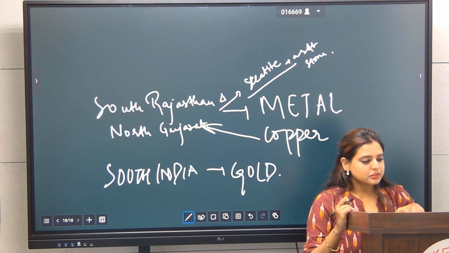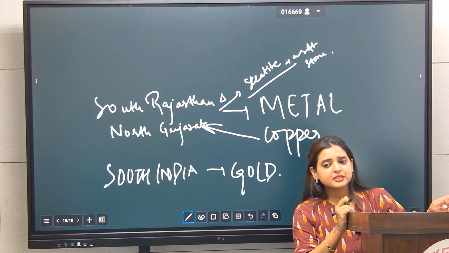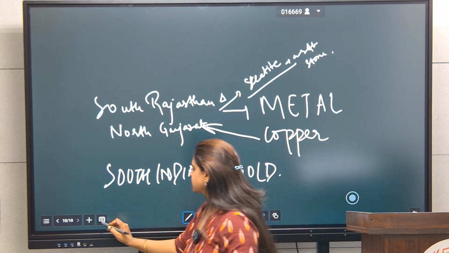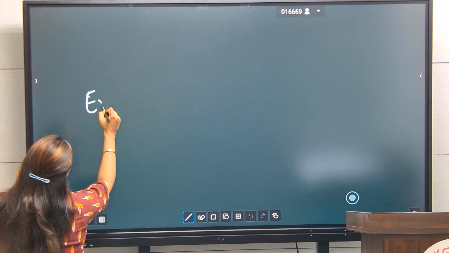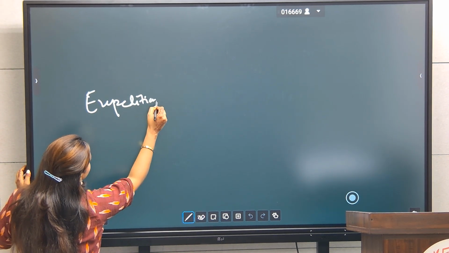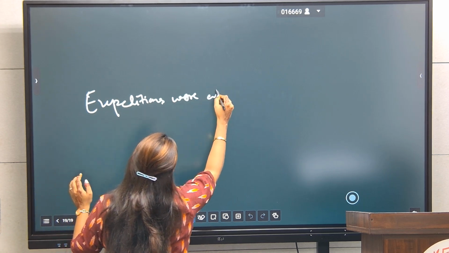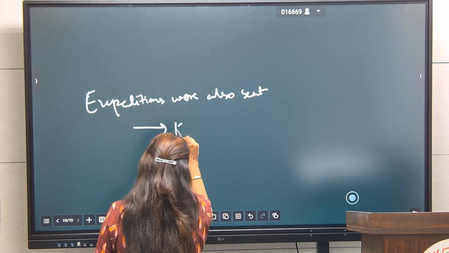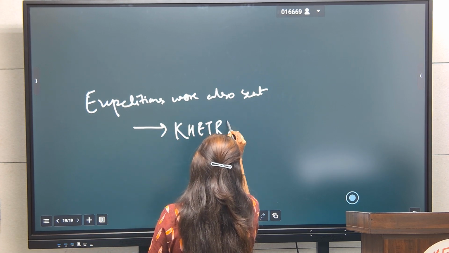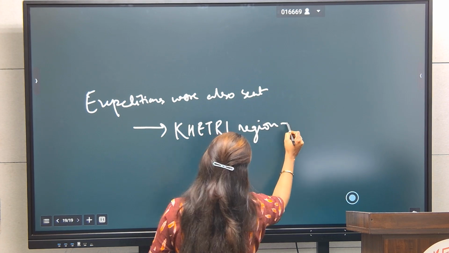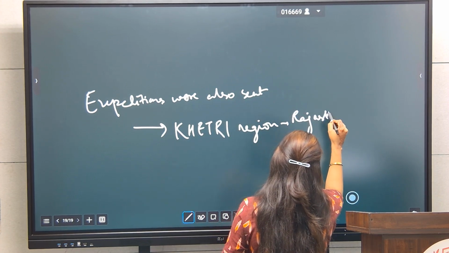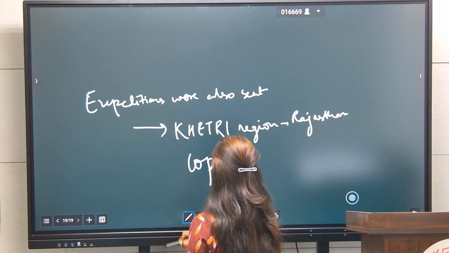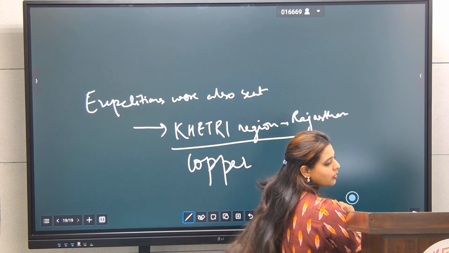Many expeditions were also sent to places like the Khetri region of Rajasthan, where copper was found. Expeditions were sent for procuring materials, like in the Khetri region of Rajasthan, where copper was procured.